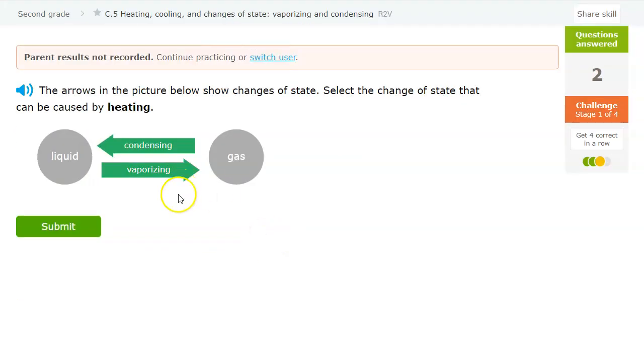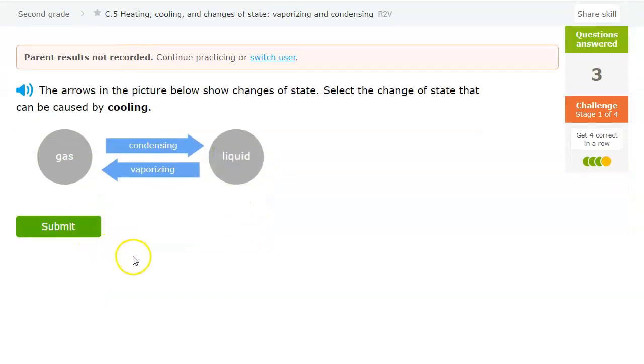Let's try another. Select the change of state that can be caused by heating. So do we take liquid and heat it up to get a gas? Or do we take a gas and heat it up to get a liquid? We just did one like that. I think we all know the answer. Awesome.